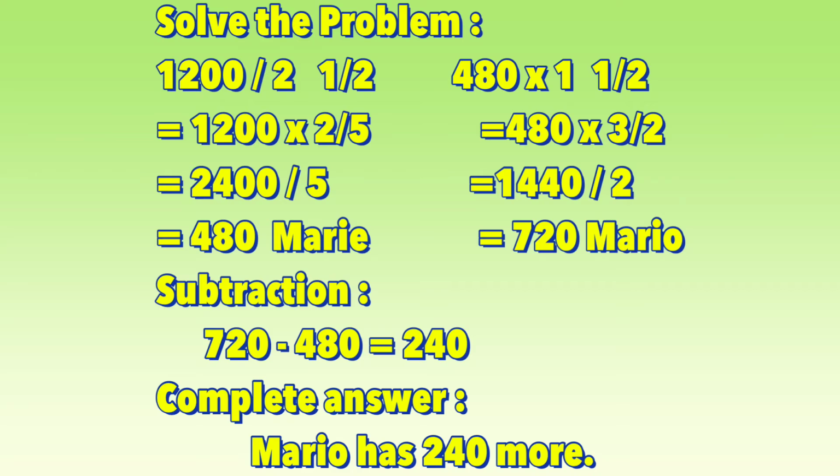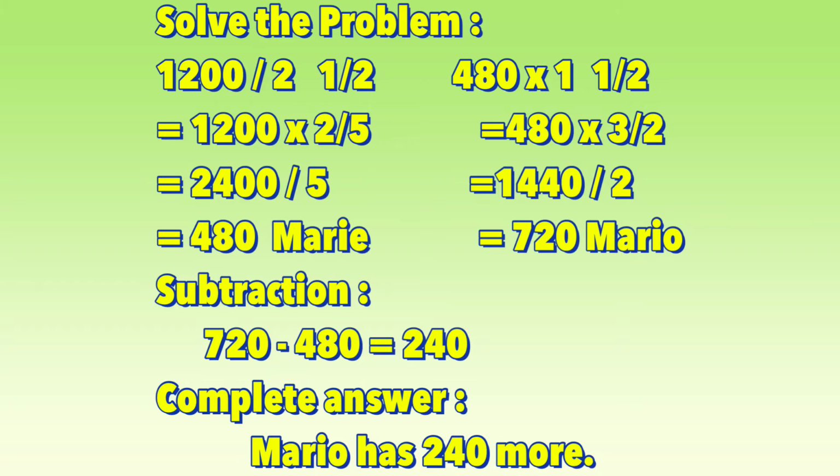So therefore, for the 1.5, the amount is 720, and for Marie is 480, with a total of 1,200. So that's not the final answer, because we have to follow what the problem is asking.